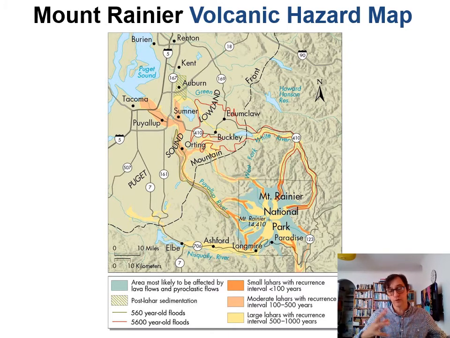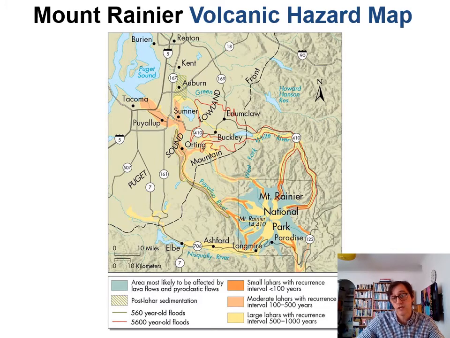These can act as conduits for lahars, volcanic mud flows, when you have an eruption, or just in between eruptions. So they've mapped out and dated all these ancient lahars, so therefore they can work out the risk, the frequency, what's the recurrence interval of a very large lahar, or a moderate lahar, or a small lahar. Here it shows the small ones occur less than every 100 years, moderate ones every 1 to 5 centuries, which might sound a long time, but when lahars do happen, they can be completely deadly and cause huge numbers of deaths.